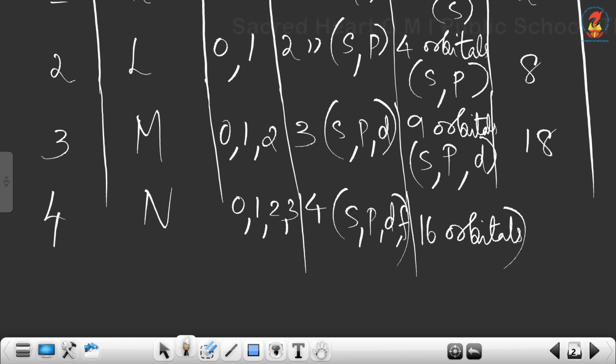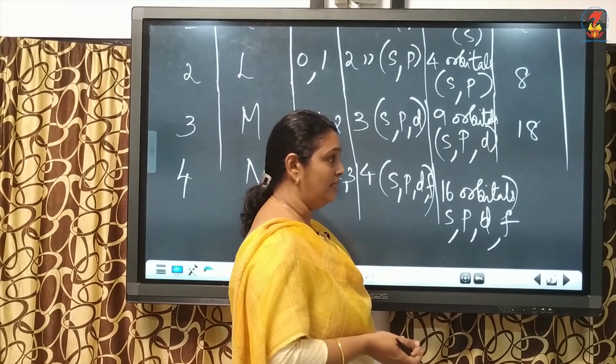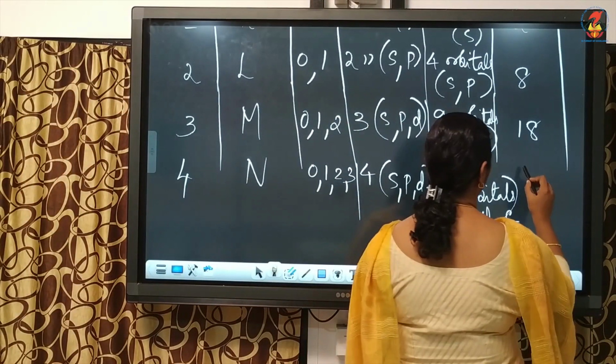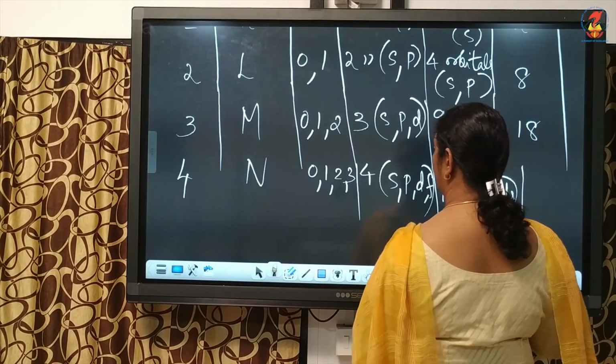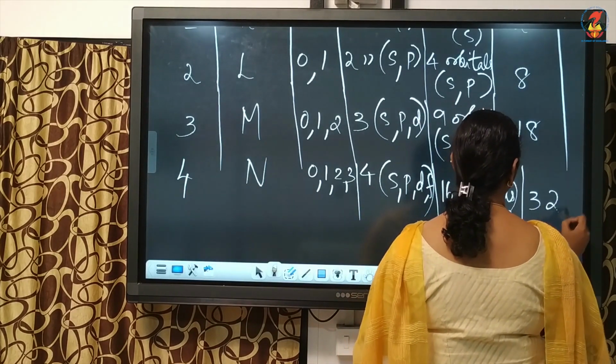How do we get 16 orbitals? 1 s orbital, 3 p orbitals, 5 d orbitals and 7 f orbitals. So 1 plus 3 plus 5 plus 7, we get 16. Now we have the number of electrons, 2n square, 2 into 4 square, which is equal to 32 electrons.